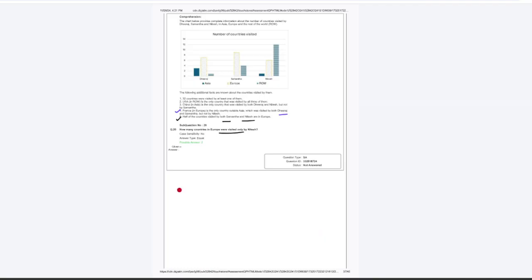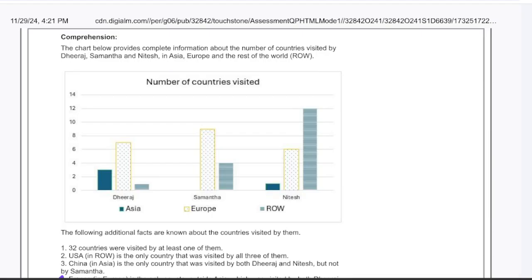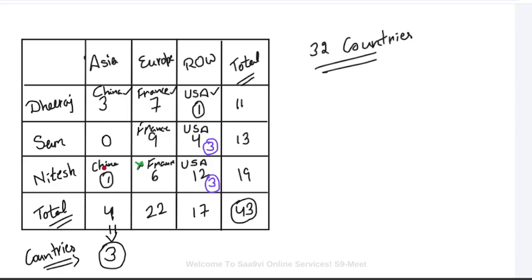And the line before this: China is the only country that was visited by Dheeraj and Nitesh. That was also made. So it's a clear indication to us that the rest of the 3 countries that we have in Samantha and Nitesh, they both visited.